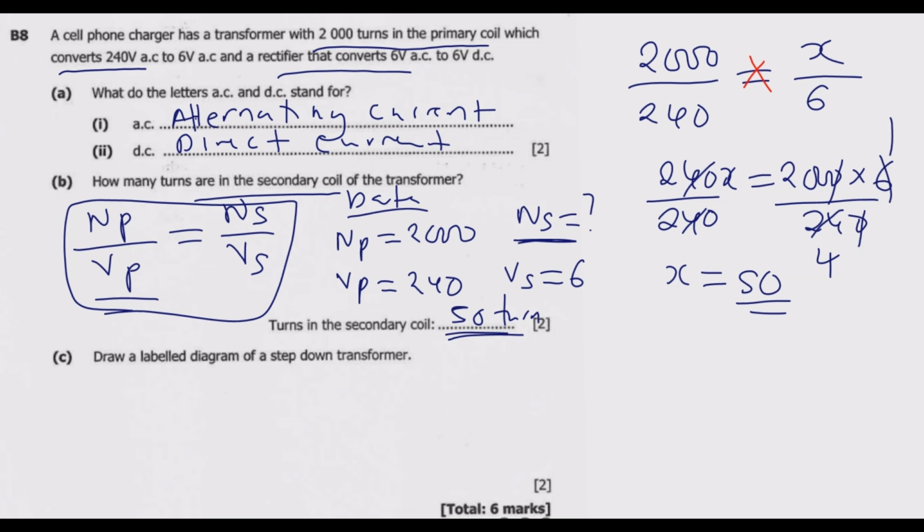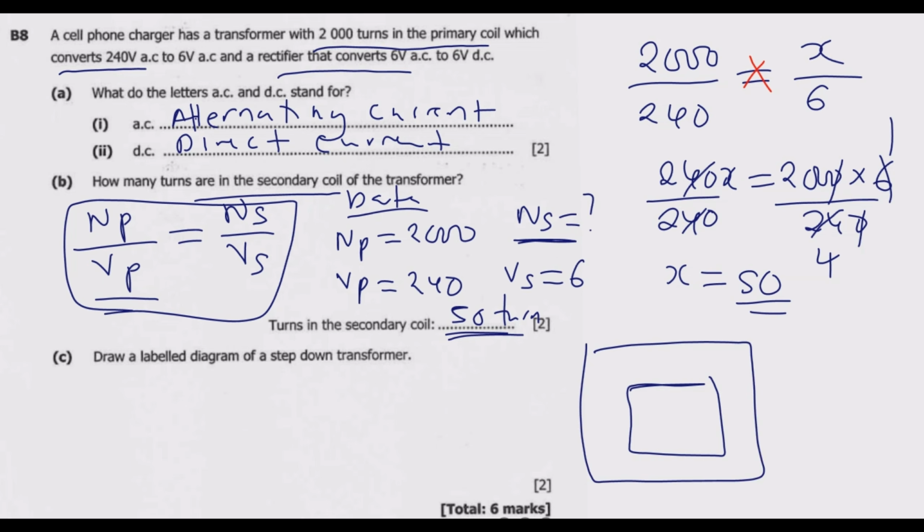Number C, draw a labeled diagram of a step-down transformer. So what we need is the iron core, then we need the coils. These will be coils, and on this side there will be a lot of coils, then here there will be just a few of them.